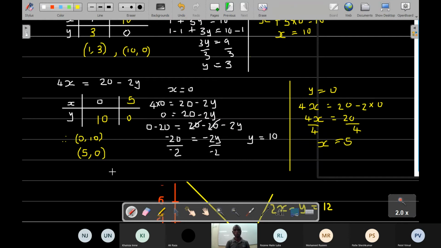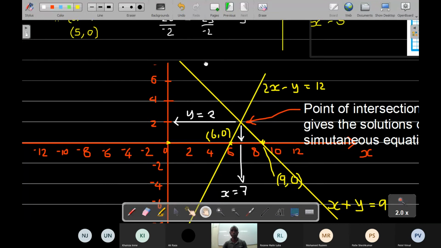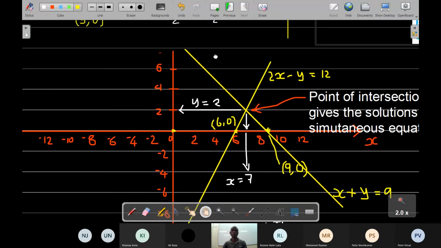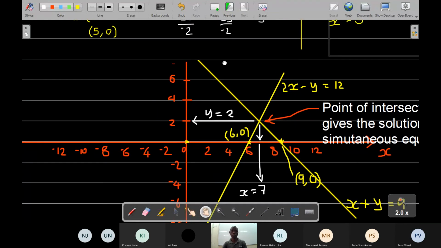Yes, so we have also got the coordinates of that second line. So make sure you get 2 coordinates of each. Then they will help you to plot. Now when you come to the graph, I think I should just rub off the whole of this.